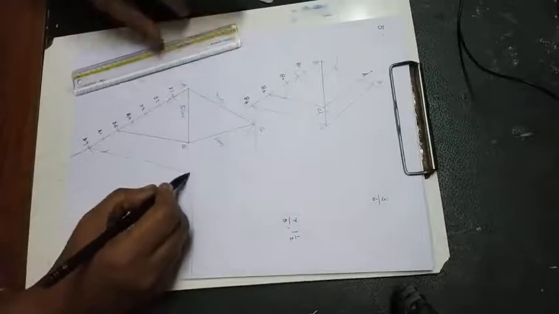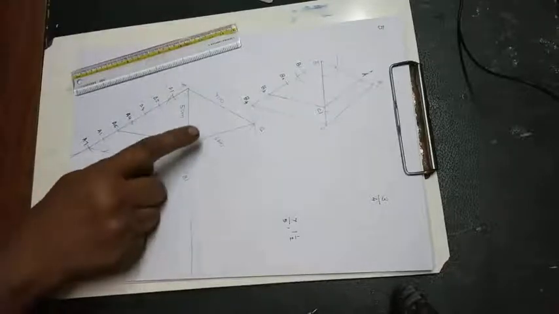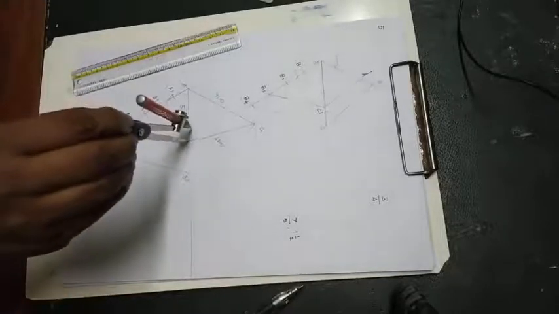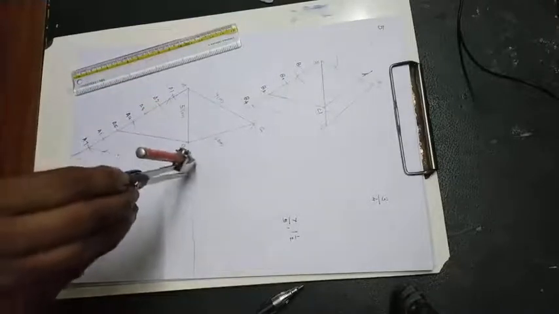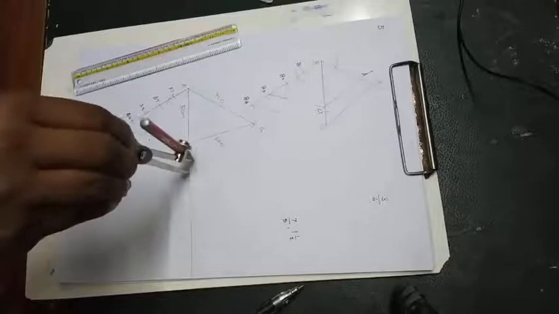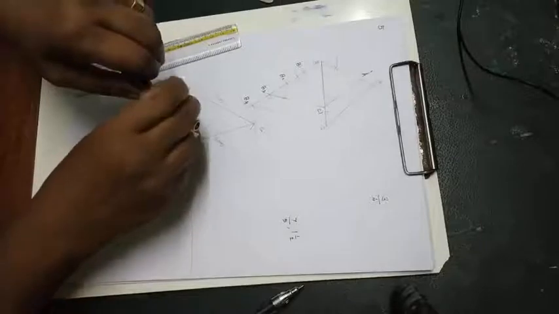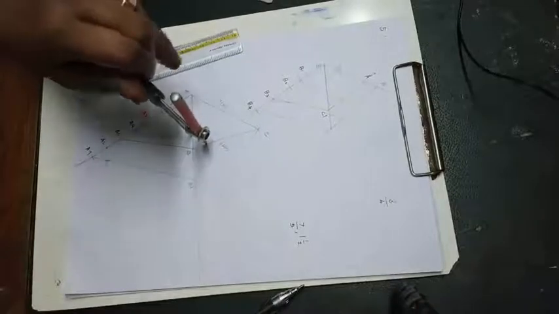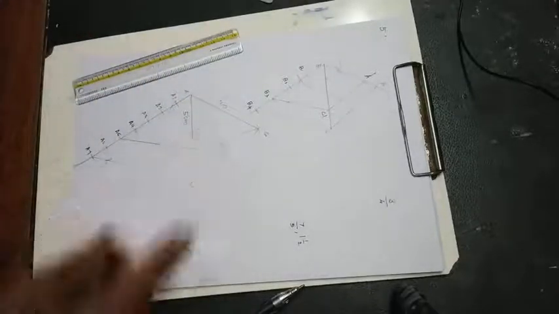Okay, so you got B dash here. Now construct the same angle here also, the same procedure. First draw an arc here without changing. Draw here. Now take this measurement. So take this measurement, then draw arc here. Now you can join that one.